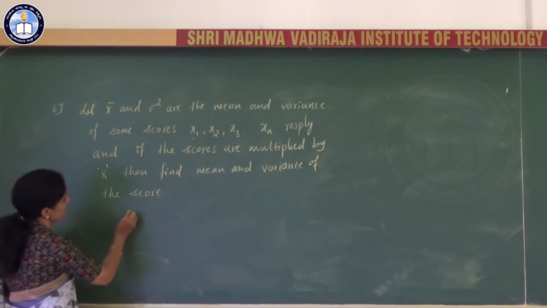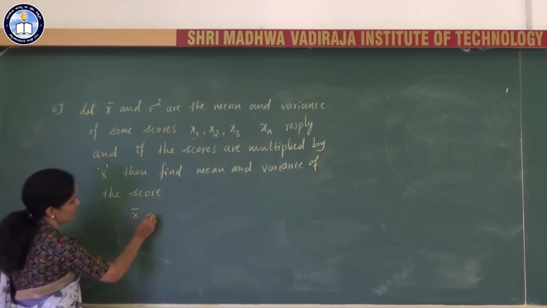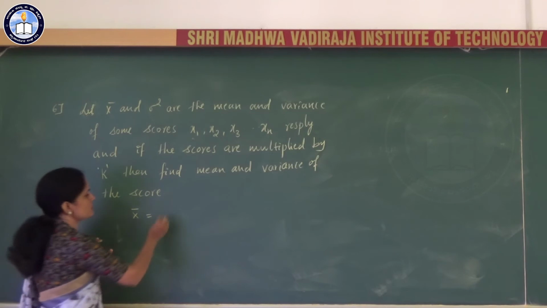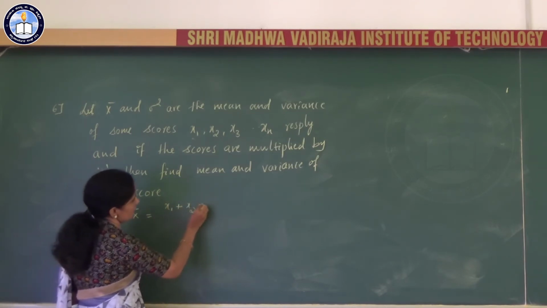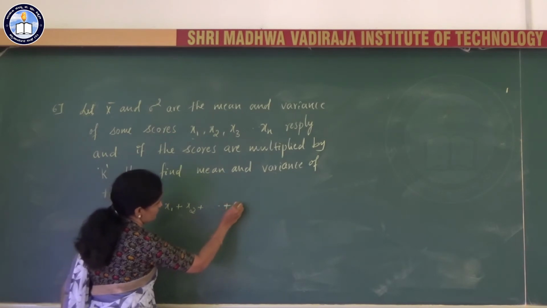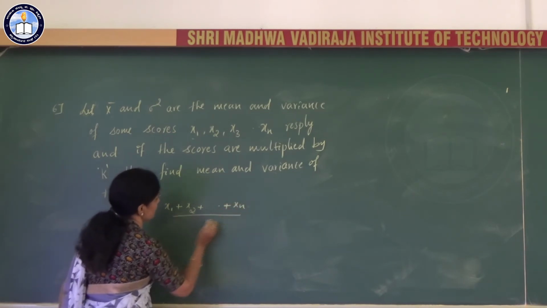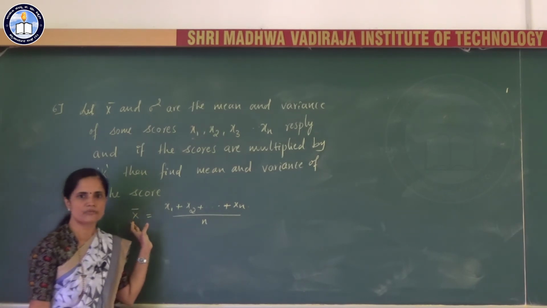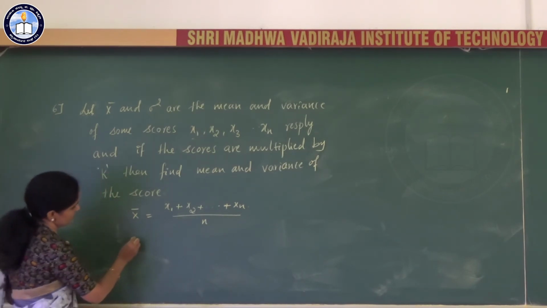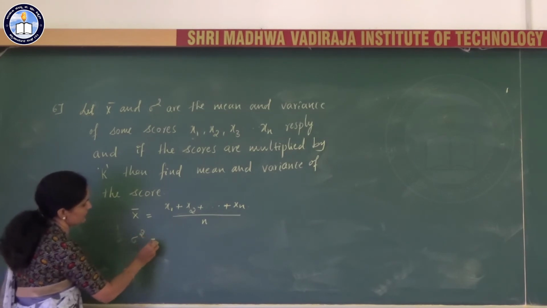So I will take the formula for x bar. How to calculate the mean of given scores? That is equal to x1 plus x2 plus up to xn divided by the number of scores, n. This is the formula to calculate the mean. Then how to calculate the variance?